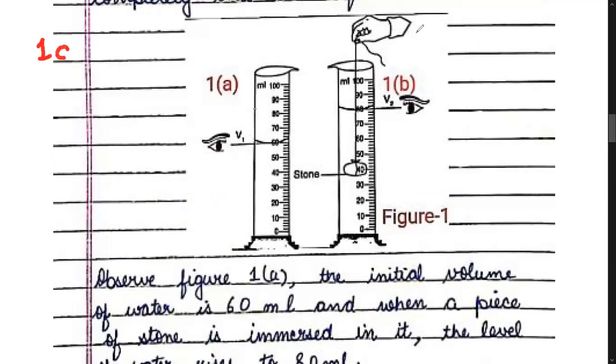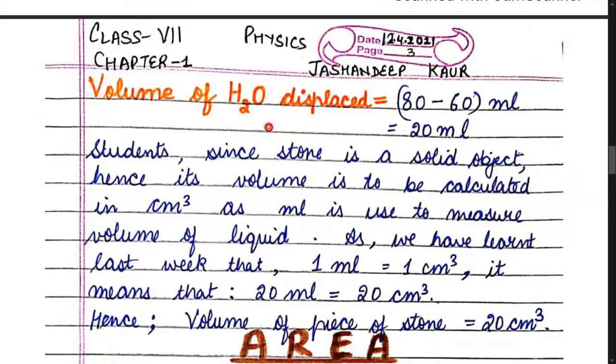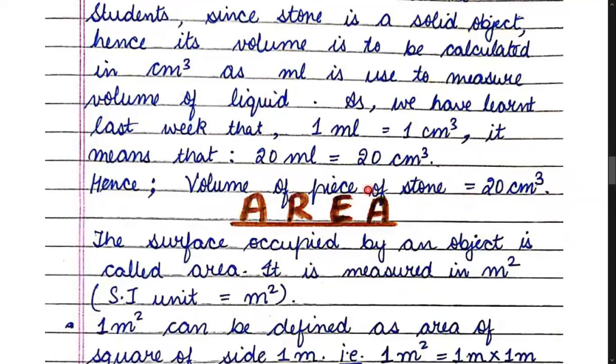So if 1 milliliter is equal to 1 centimeter cube, it means that 20 milliliter will be equal to 20 centimeter cube. Hence, the volume of the stone immersed in liquid will be 20 centimeter cube.